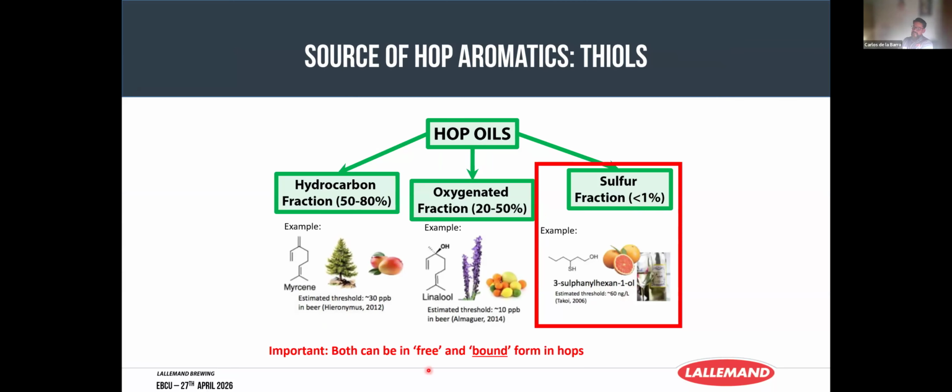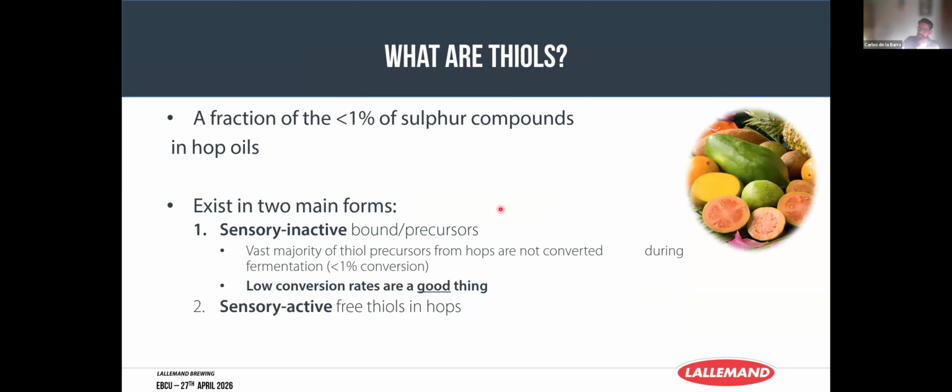Again, here we can find thiols in both free and bound form in hop. They exist the same as the bound terpenes. They can be inactive bound precursors, which is the vast majority of the thiol precursors, and a few of them can already be free thiol.